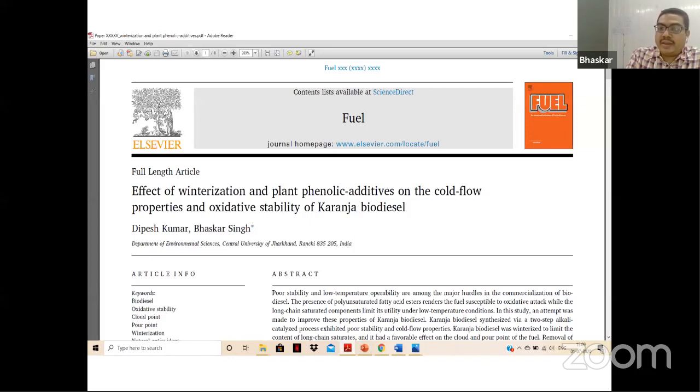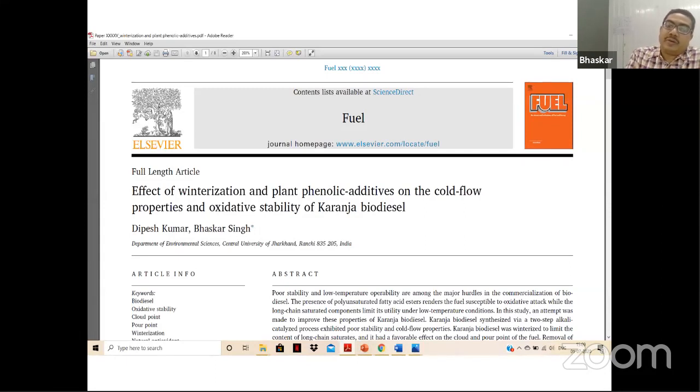And if there are unsaturated bonds, they may get auto-oxidized. So there is an inverse relationship between these two properties, cold flow properties and oxidation stability. If we enhance the cold flow properties, we have to compromise on the oxidation stability, and if we enhance the oxidation stability, we have to compromise on the cold flow properties.